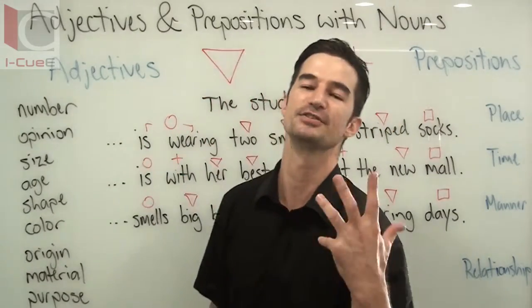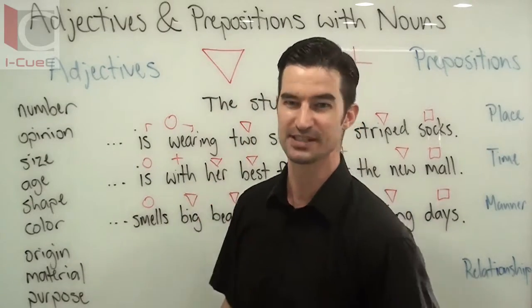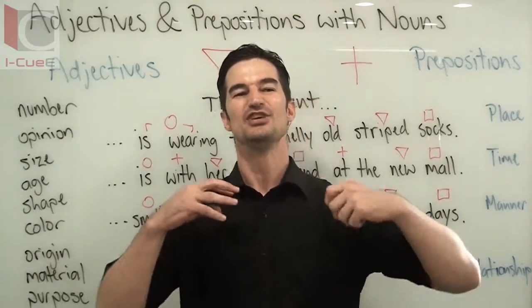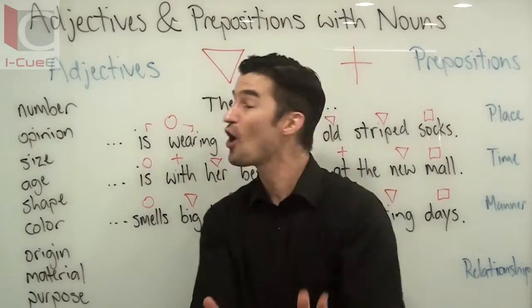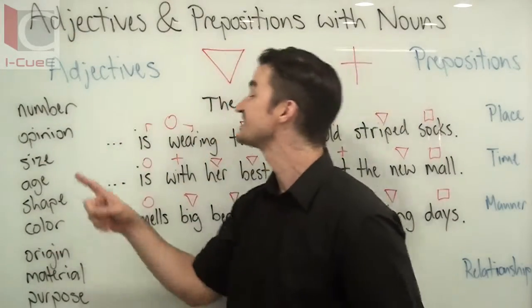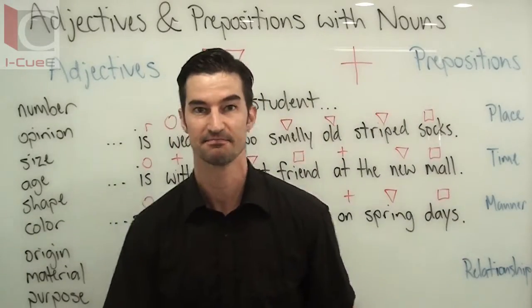Okay, so here's the thing. Sometimes there are exceptions to rules, and sometimes you're allowed to use the order that seems best to you. But you should know this is the usual order. Number, opinion, size, age, shape, color, origin, material, purpose.